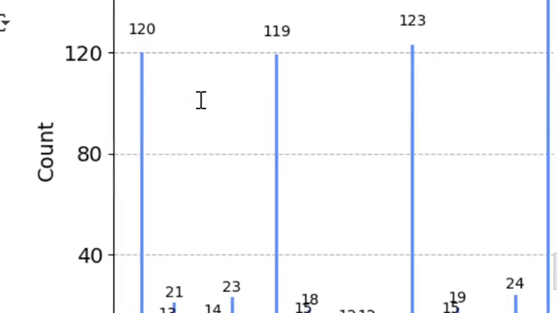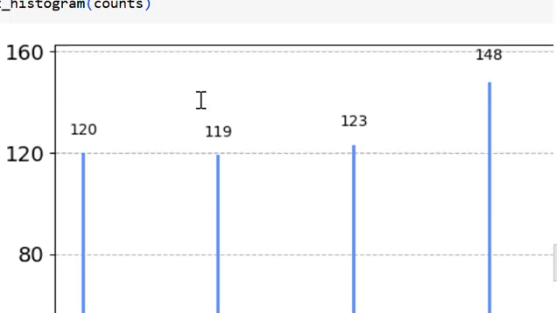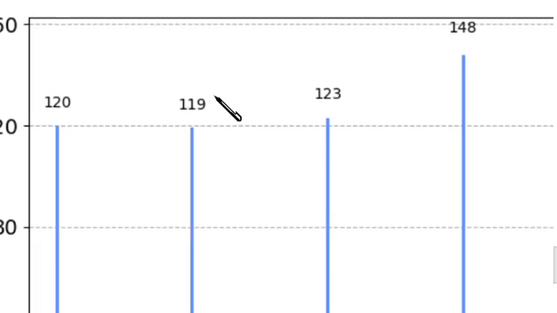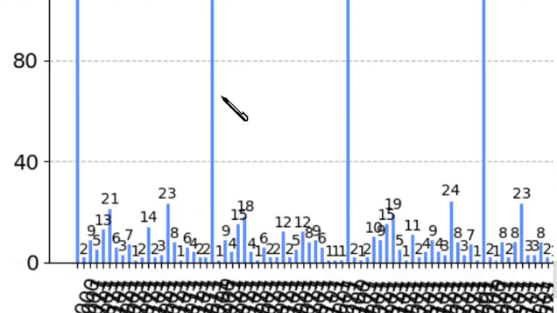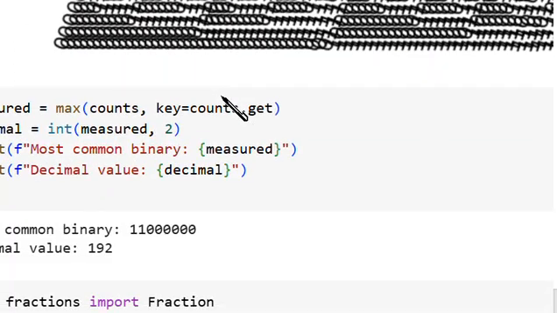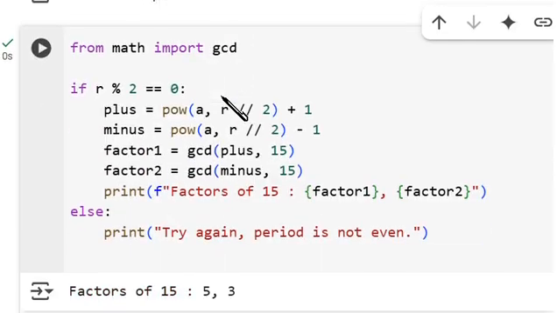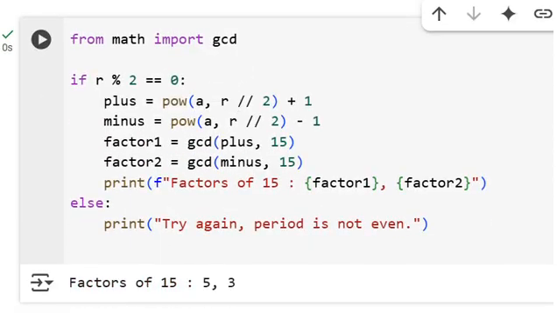So the simulator shows us the most likely outcome, the factors of 15, which are 3 and 5. This shows how quantum computers can solve special puzzles much faster than regular computers, using the magic of superposition, entanglement, and interference.